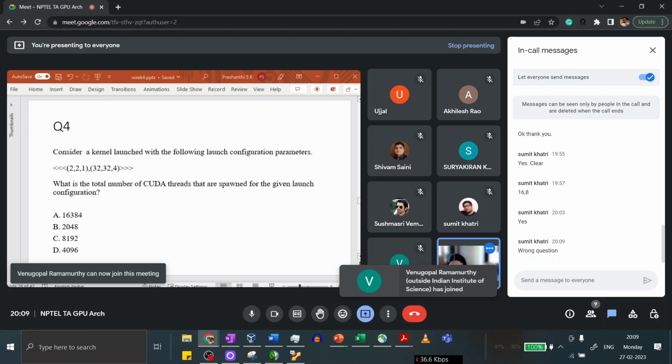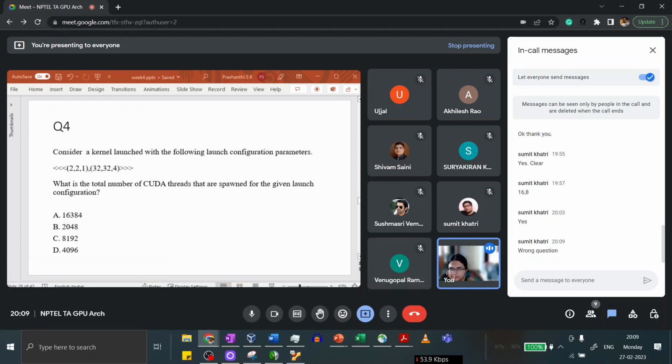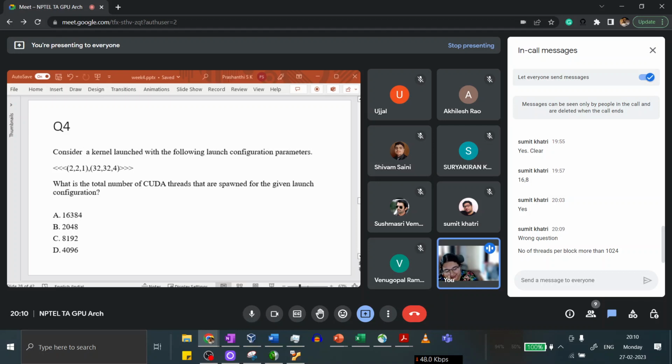What exactly do you mean by the wrong question? I see. Okay. That's a fair point. But let's assume for now, like I said, this 1024 limitation also is architecture specific. So let's assume that this number of threads per block is valid on a particular architecture.